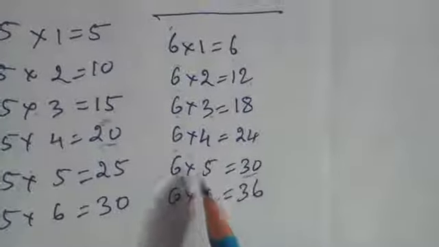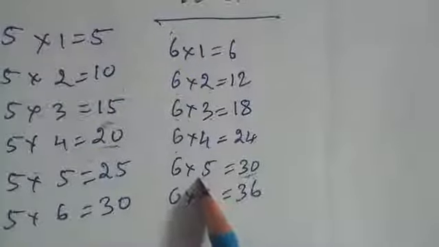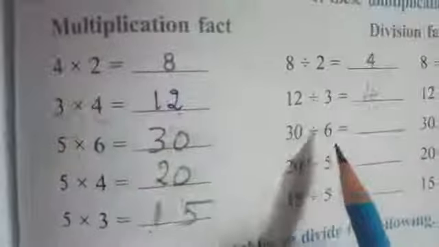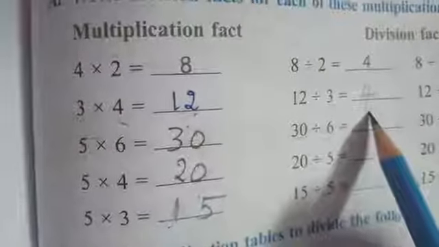Got it? 6, how many times? 5 times 30. That means if we divide 30 by 6, how many will come? Equally 5. Same thing, 30 divided by 5, what will be the answer?